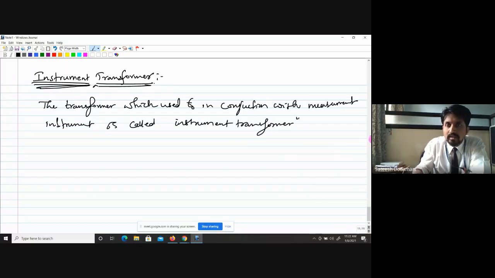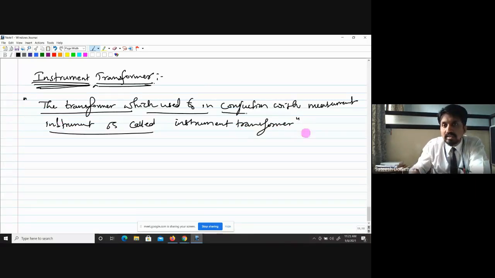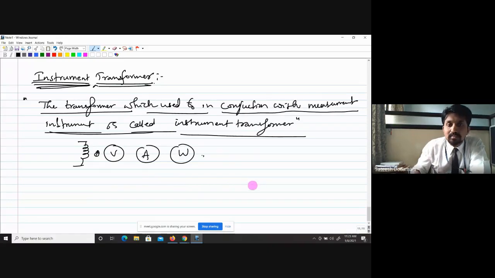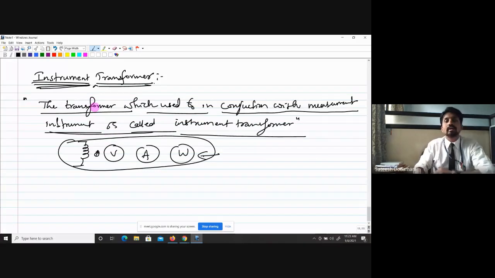What is an instrument transformer? It is the transformer which is used in conjunction with the measurement instrument. That means this transformer will be used along with meters like voltmeters, ammeters, wattmeters. With these meters, if you are using this transformer, then it is called an instrument transformer.